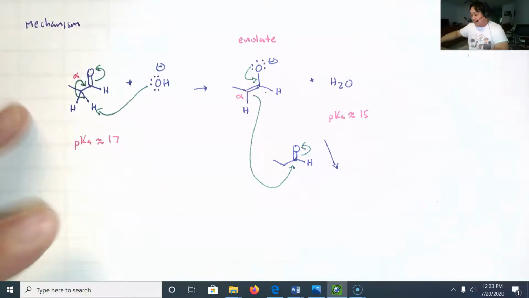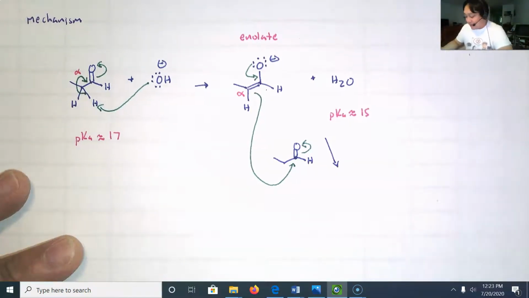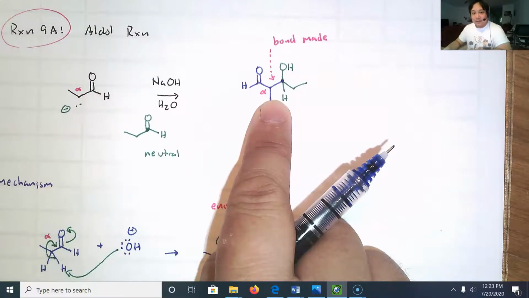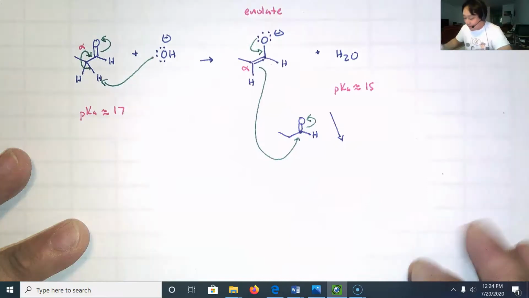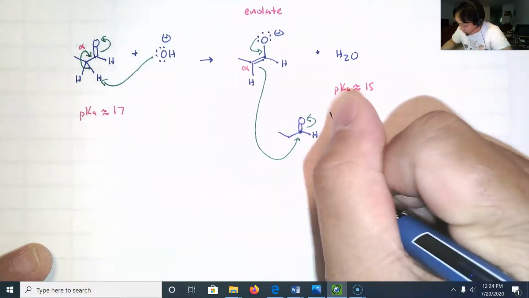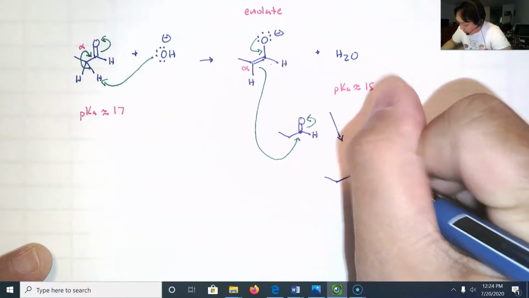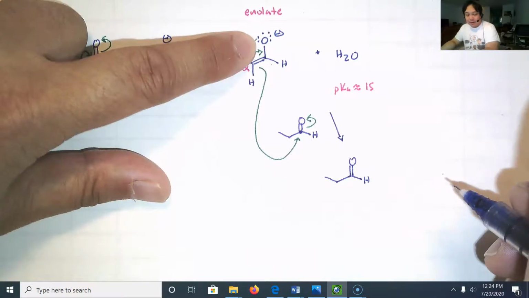A little bit crowded. Can you draw the result? Now you could either draw it like this, or you could draw it the way the carbons are situated. Let me draw it the way the carbons are situated, actually. Do you see how I remade that aldehyde, this top piece right here, by putting back the double bond?